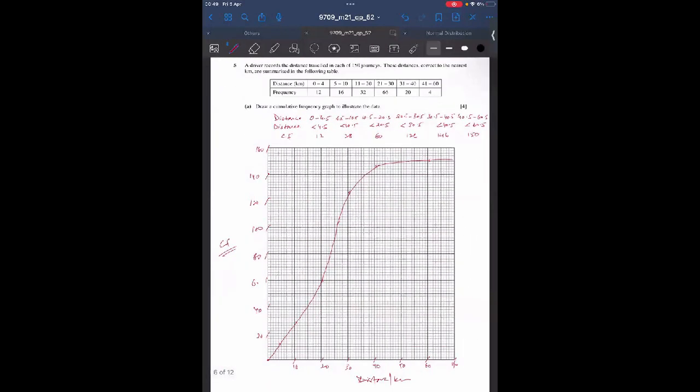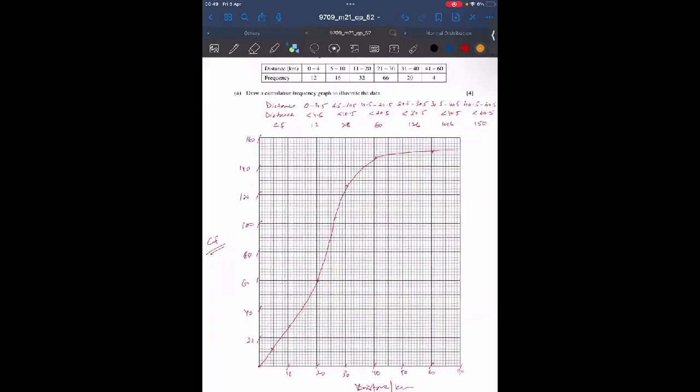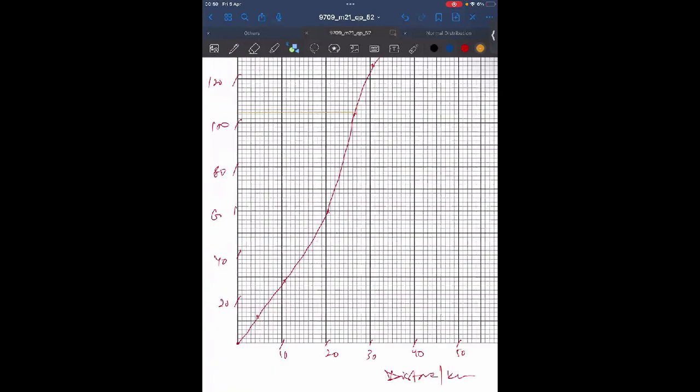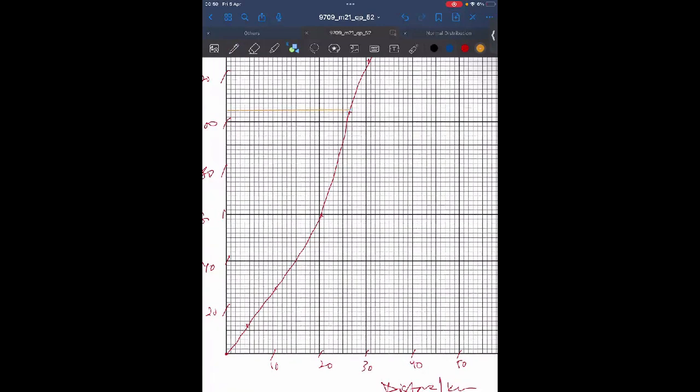105 journeys. 105 is where? It's going to be 102, 104. This is going to be then 20, 25, 26, 26 and a half.